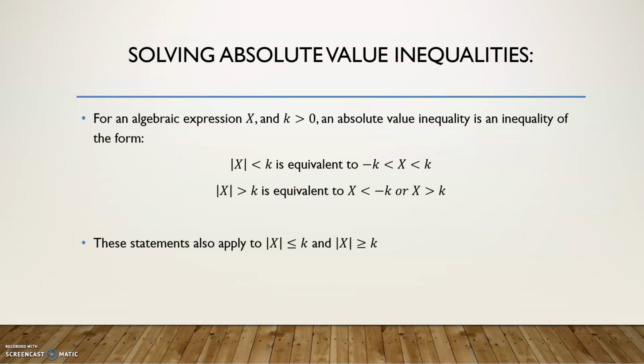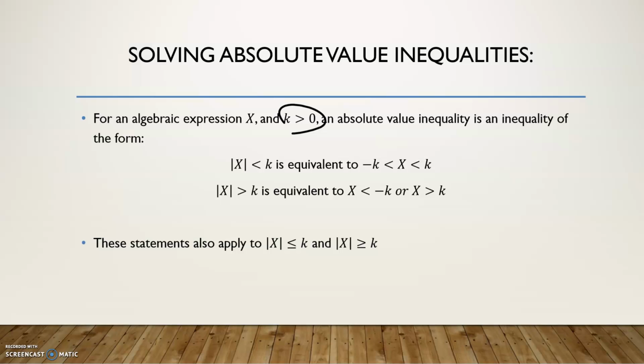Okay, now let's switch gears and let's talk about solving absolute value inequalities. If we have an algebraic expression, that just means something like x plus 3, that's an expression. If we have something like that, and we're going to label that as capital X, and k is greater than 0, that just means that k is a positive number.